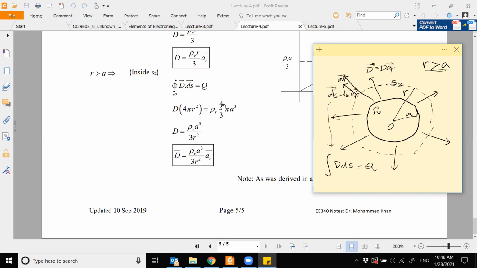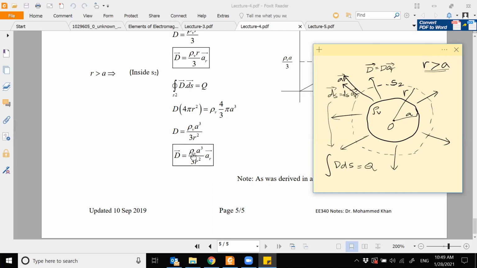The volume of your sphere is 4 by 3 pi a cubed, because a is the radius. Therefore, if you do the simplification, I will get D bar as rho v a cubed by 3 r squared aR.